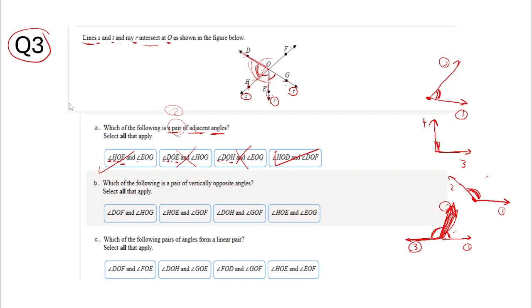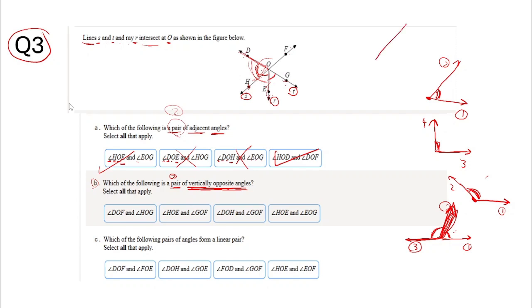Okay? Now, let's go to question number B. Which of the following is a pair, that means two, of vertically opposite angles? What does it mean, vertically opposite angles?